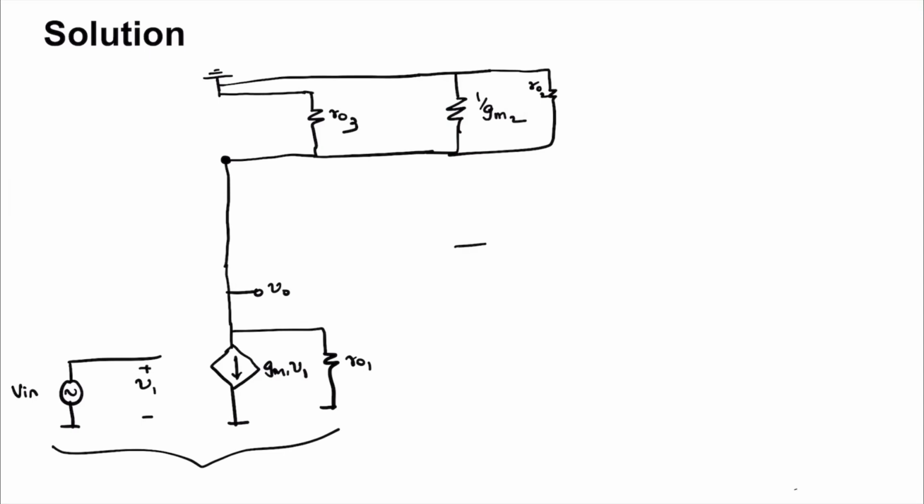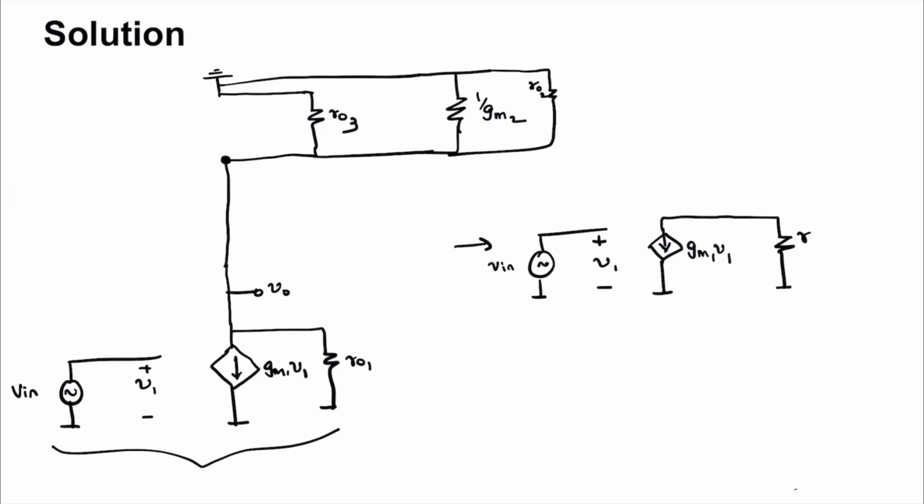So redrawing more simply, we get Vin, V1, gm1 V1, and a resistor which is ro1 parallel ro2 parallel ro3 parallel 1 by gm2, and this node voltage is Vout.